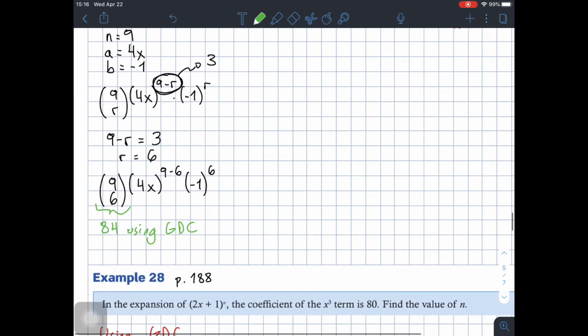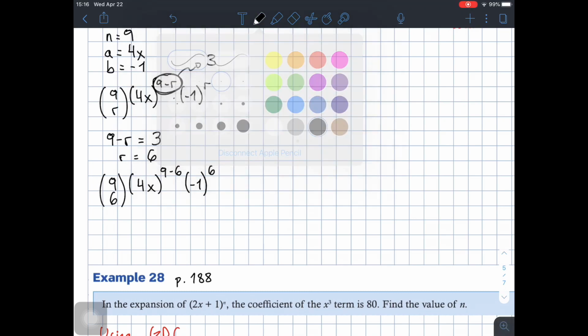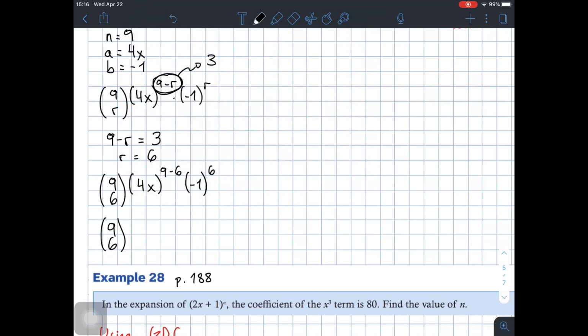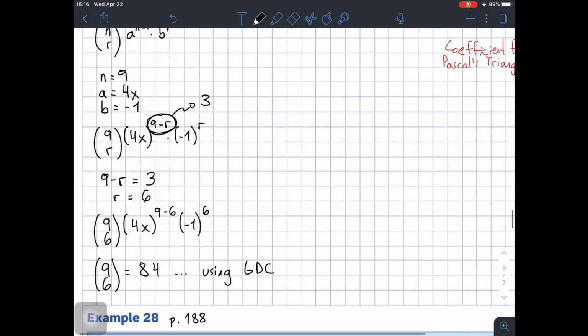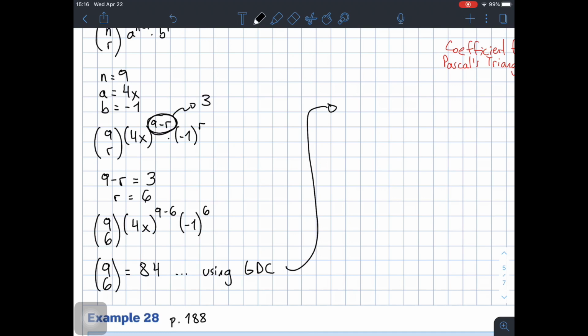So this gives us 84 using GDC. I'll write it another way: 9C6 equals 84 using GDC. So if I continue the exercise up here, this would be equal to 84, the coefficient, times 4x cubed times -1 to the power of 6, that's just +1, right?